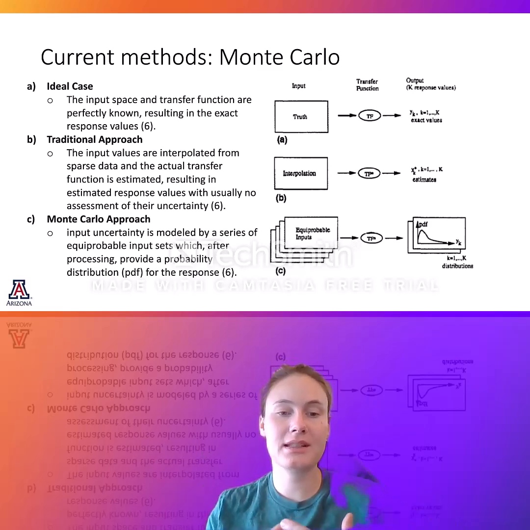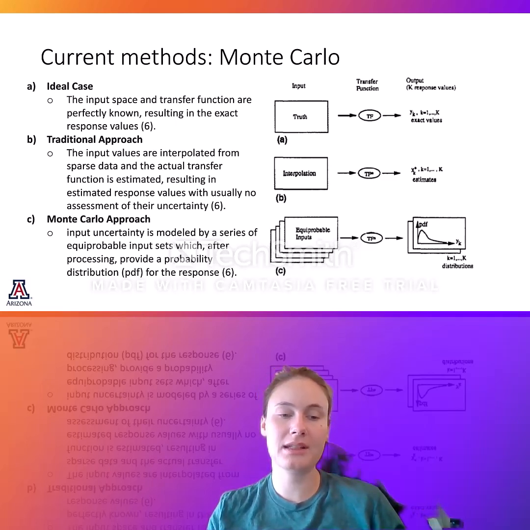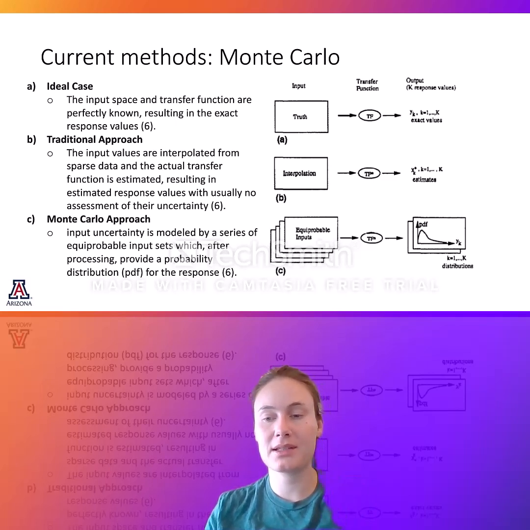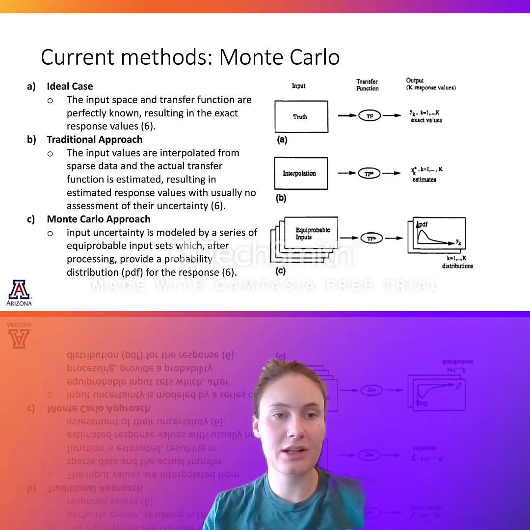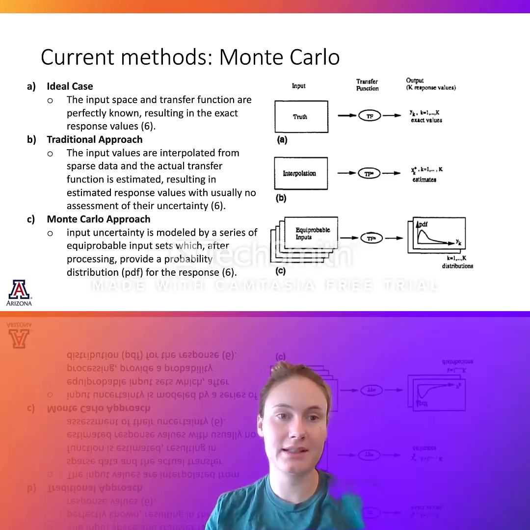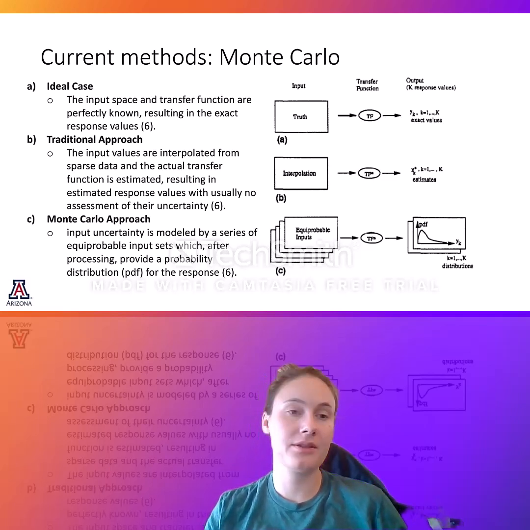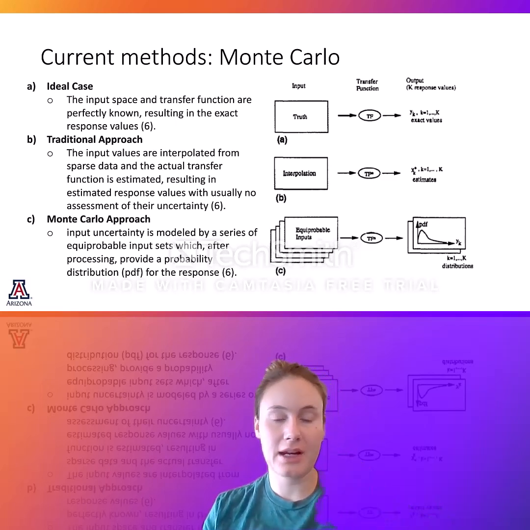The input uncertainty is modeled by a series of equiprobable input sets, which after processing provide a PDF, a probability distribution function, for the response. This is generally a very good way of looking at this because you need to account for uncertainty, so you're going to have a probability density function. So this is great.